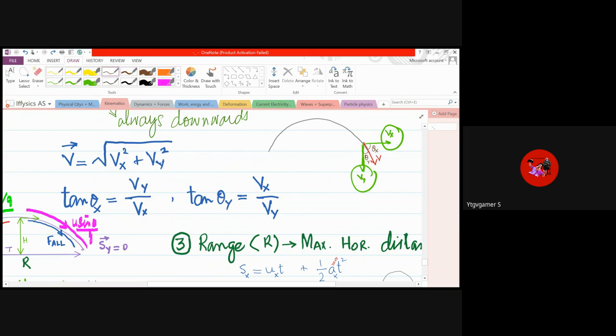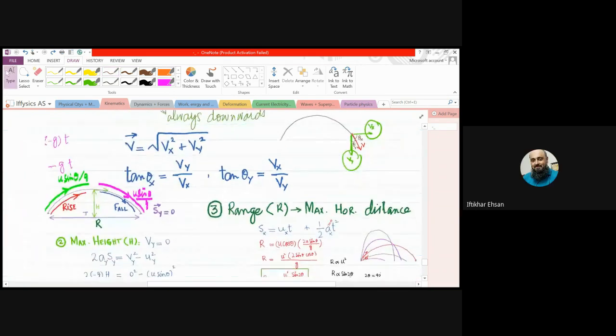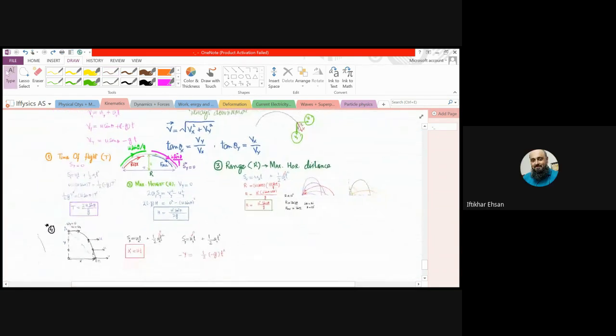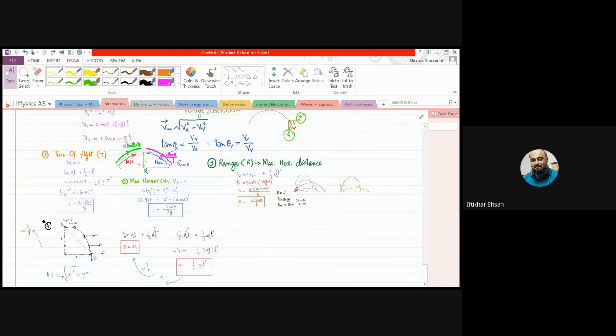Yeah. Okay. So now we are going to do four derivations, and with that, it's going to be the end of the projectile. These derivations may not be very much required, but when you do them, you have to learn them and write them by heart.